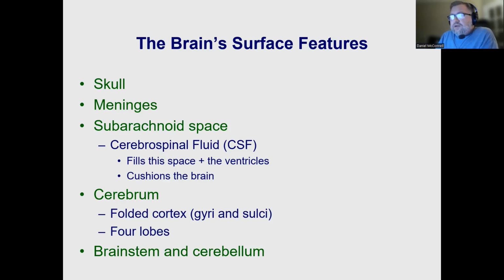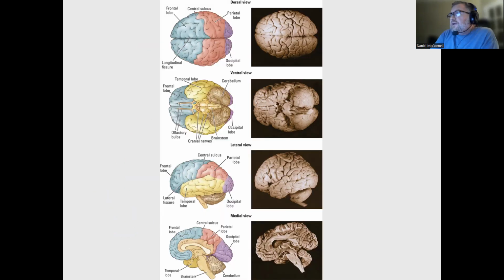So the gyri would be the actual sort of protruding convex parts of the brain, and the sulci would be the creases and folds between them. The cerebrum is divided into 4 lobes, which you may remember from an intro psych course: the frontal, parietal, occipital, and temporal lobes of the brain. And then below the cerebrum, we find the brainstem, which can include also the cerebellum.